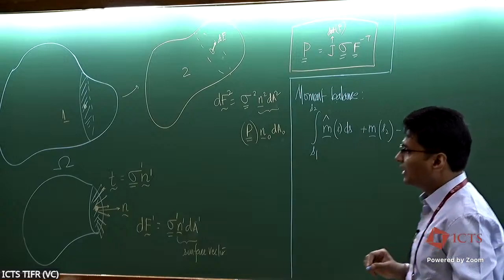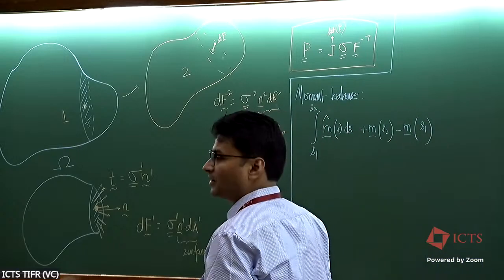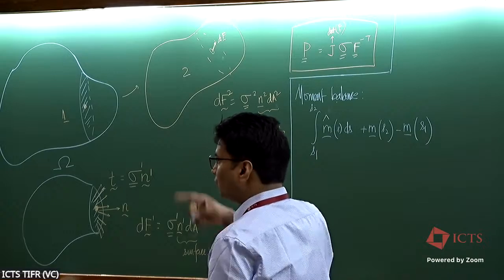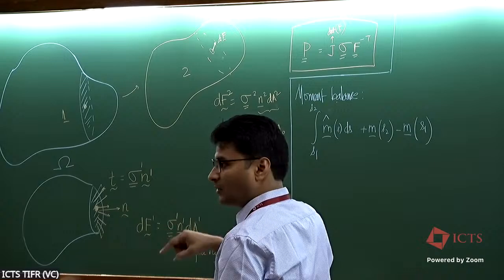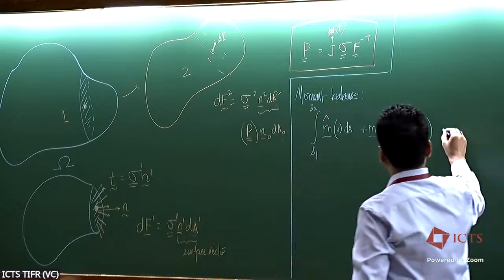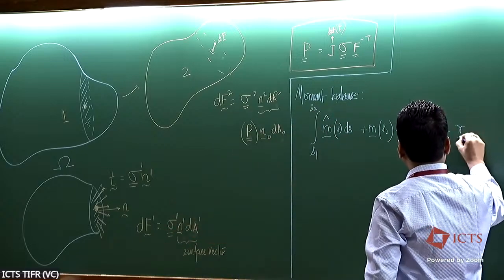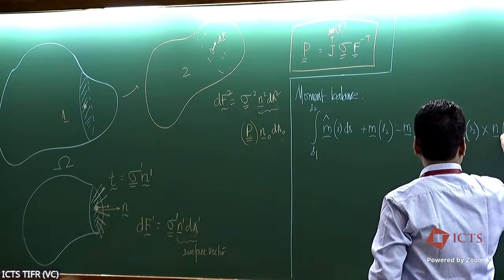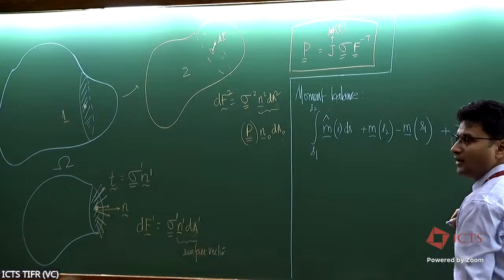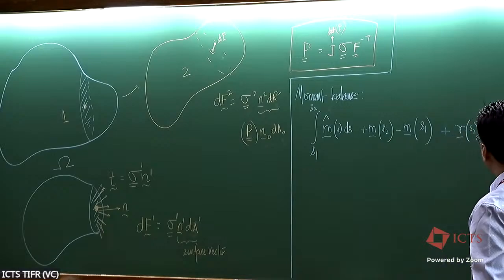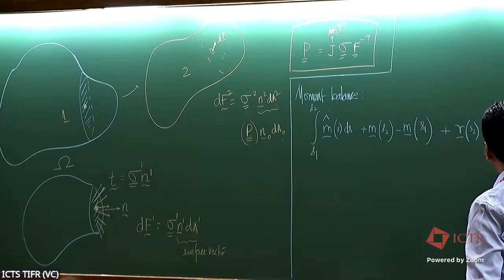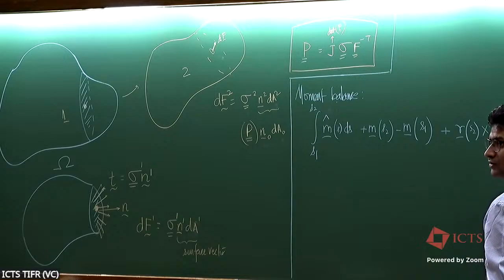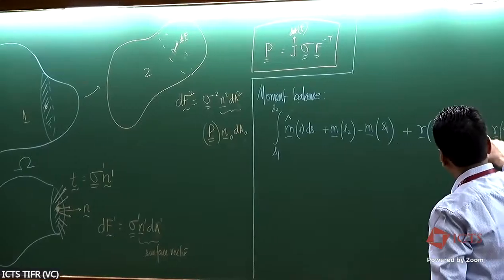Do we have anything else? Due to the forces also there will be moment, right? About the origin. So plus r of S2 cross n of S2, and plus r of S1 cross negative n of S1. So that negative can now come here.